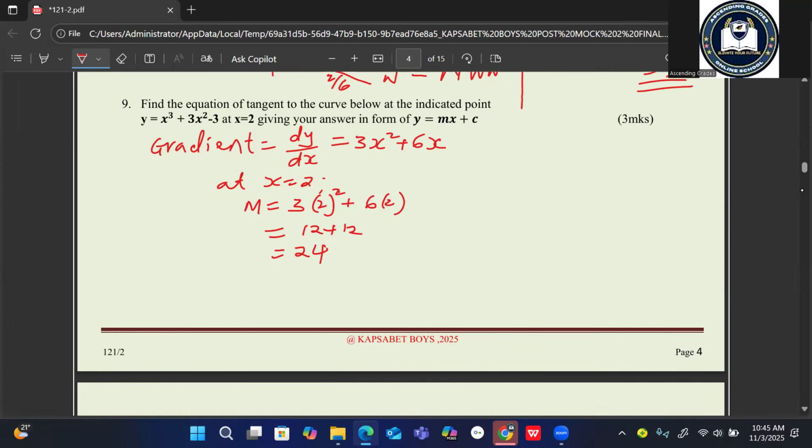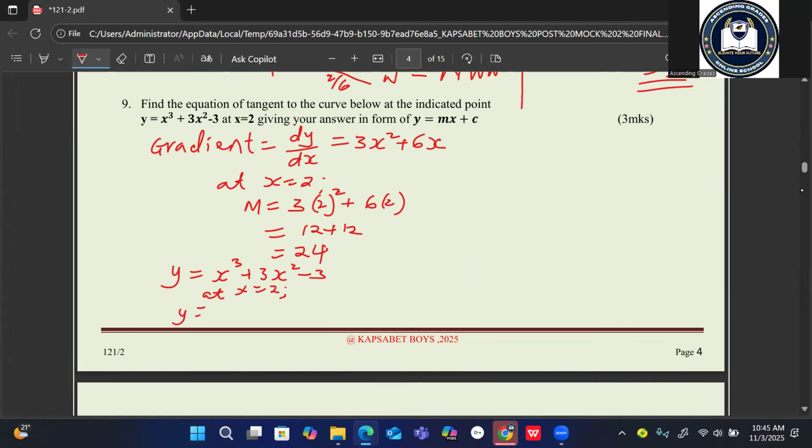In the tangent, the gradient is the same. So we have to find the value of y, which is equal to x cubed plus 3x squared minus 3, at x equal to 2.